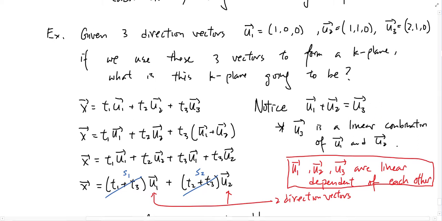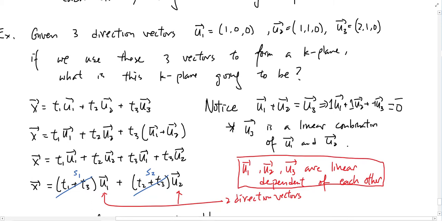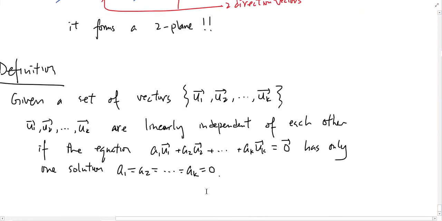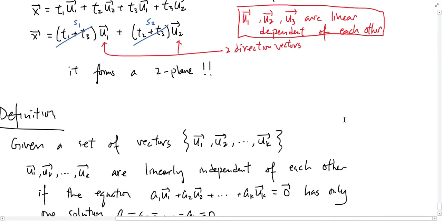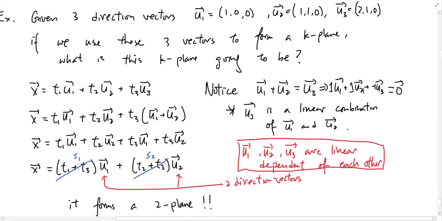Notice that this forms the equation 1 u1 plus 1 u2 plus -1 u3, and this gives me the 0 vector. So this equation has a solution, and that solution is 1, 1, -1. Unless it's 0 for all of them, they are not linearly independent. If it's any answer other than 0, 0, 0, then it is dependent. That's how that works.